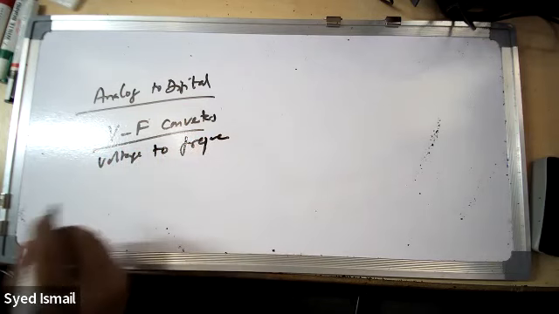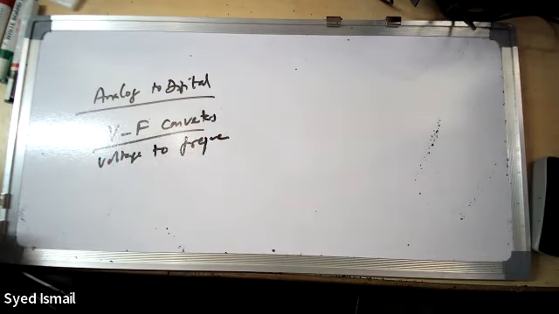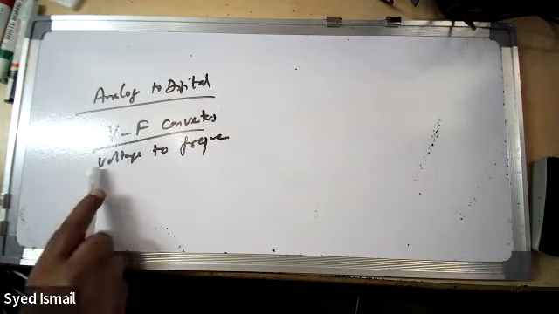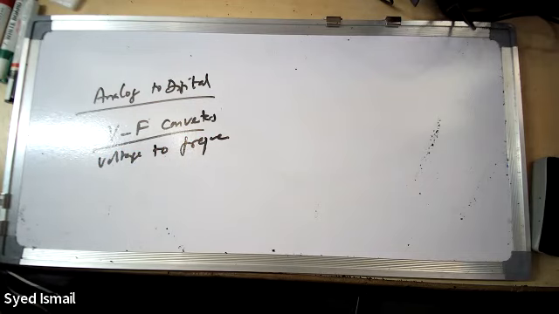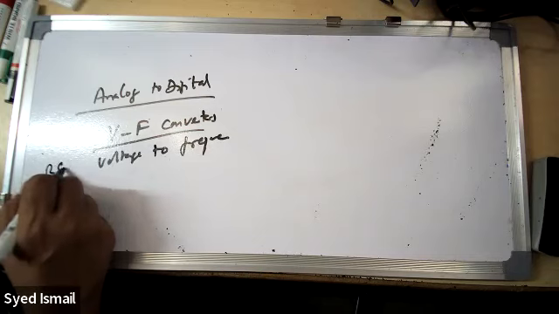This is a very interesting topic because all of your microcontroller oscillators are also voltage to frequency converters only. They are accurate. You buy a controller, it has a built-in 24 megahertz RC oscillator. They call it an RC oscillator.